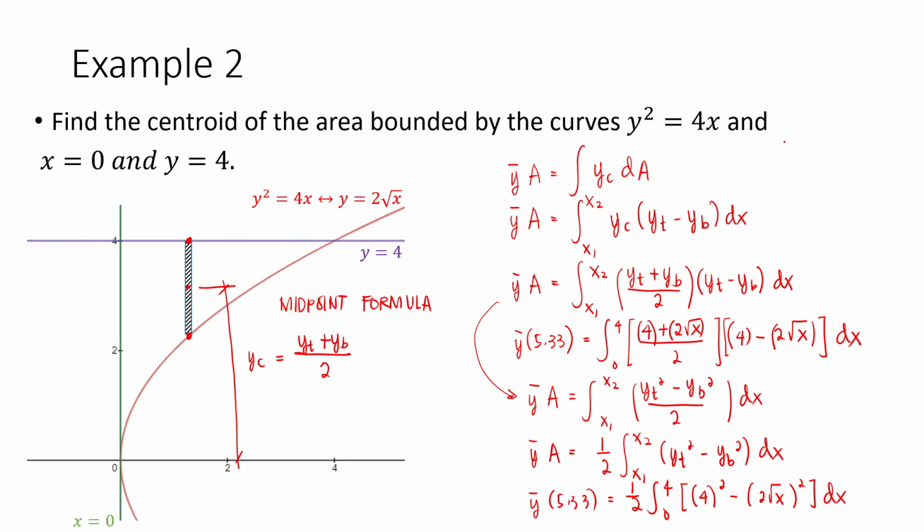Okay, so solving the right side will give us 15.99, then divided by 5.33. So bar y is equal to 3.0 units.